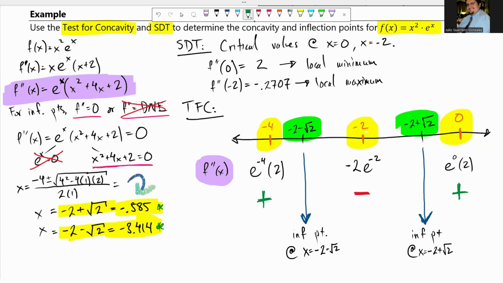If your second derivative is positive, according to the test for concavity, you have concave up. So this is going to be bowl up before that very first inflection point. In between the two, since it's negative, it's concave down. And then afterwards, since it's positive, concave up.